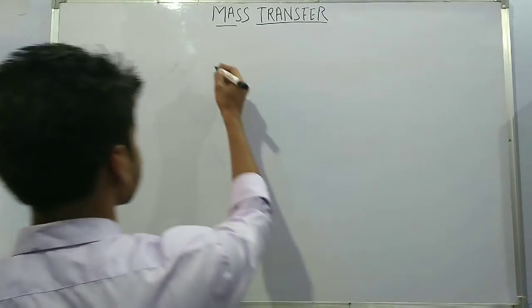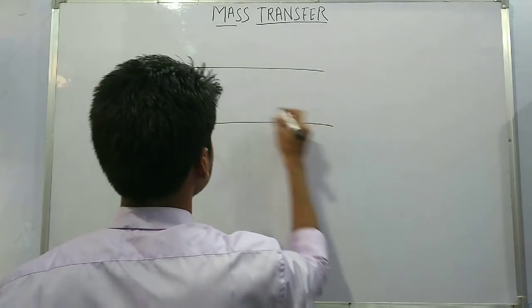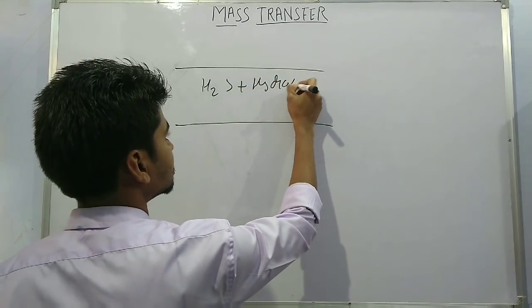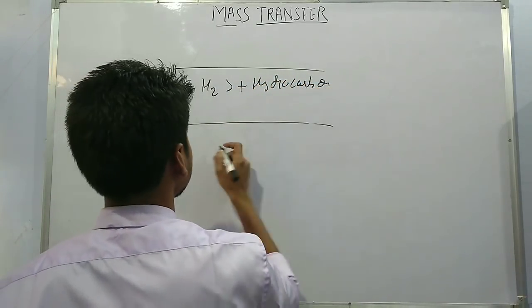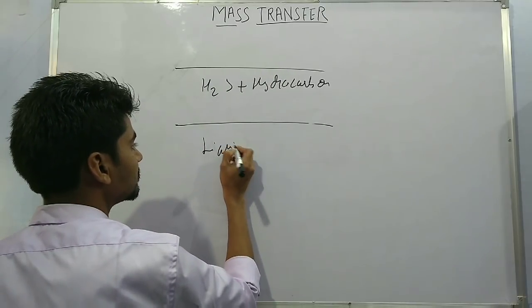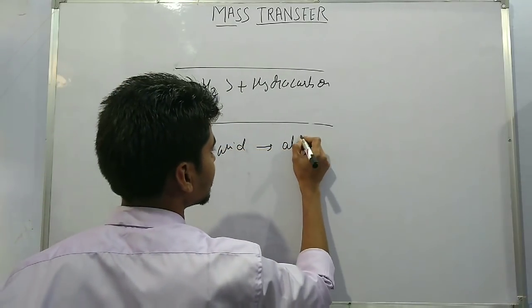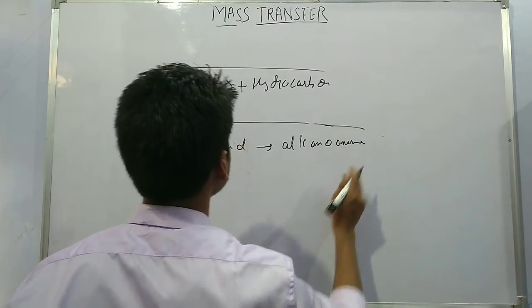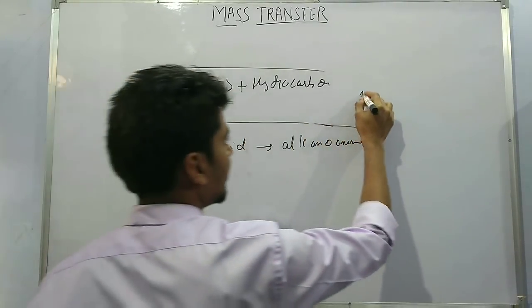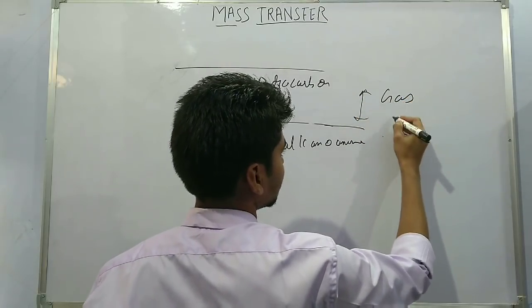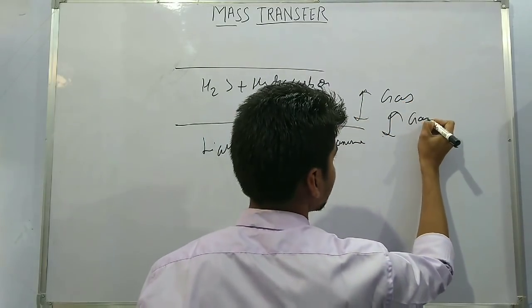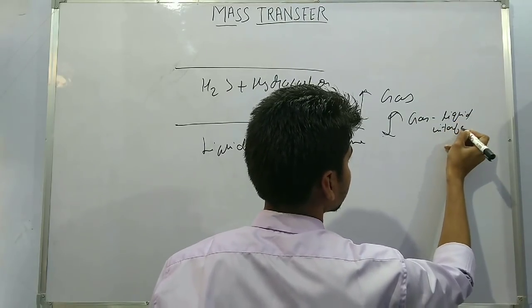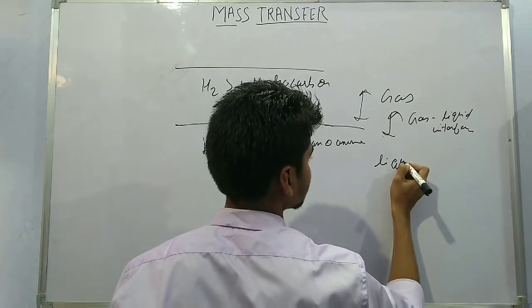So here we have one stream that contains H2S and hydrocarbon, which will be absorbed by a liquid that contains alkylamine. So here we have the gas phase, the gas and liquid interface, and the liquid phase.